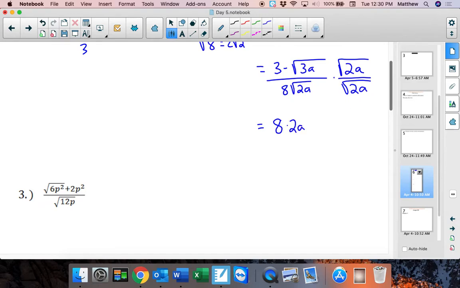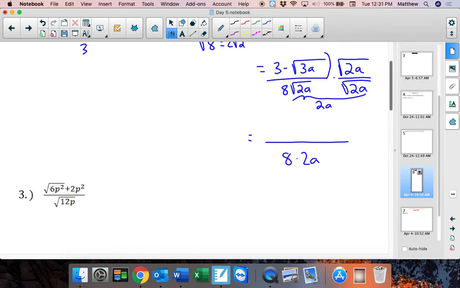In fact, I wrote that poorly. Didn't give myself space. See, I'm making mistakes here too. My new denominator is 8 times 2a. Because the 2a times that root 2a times root 2a is 2a. So my new denominator is down here, 8 times 2a.